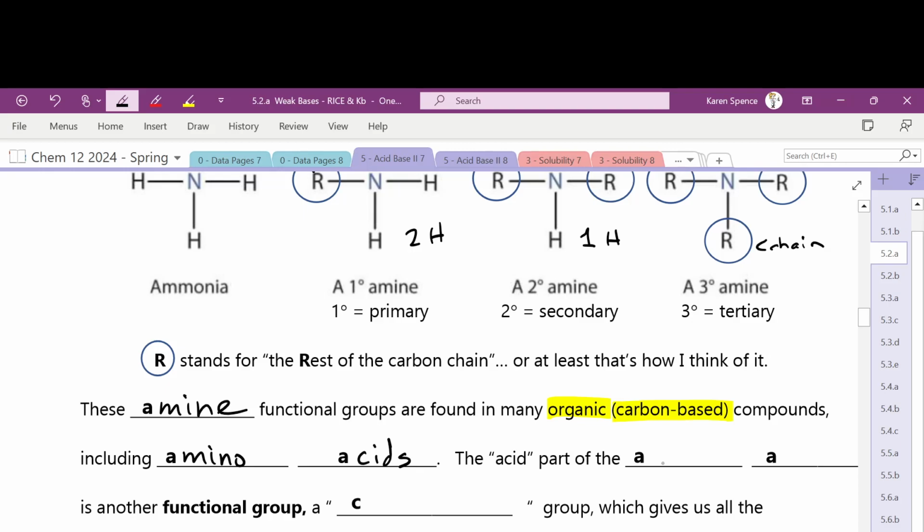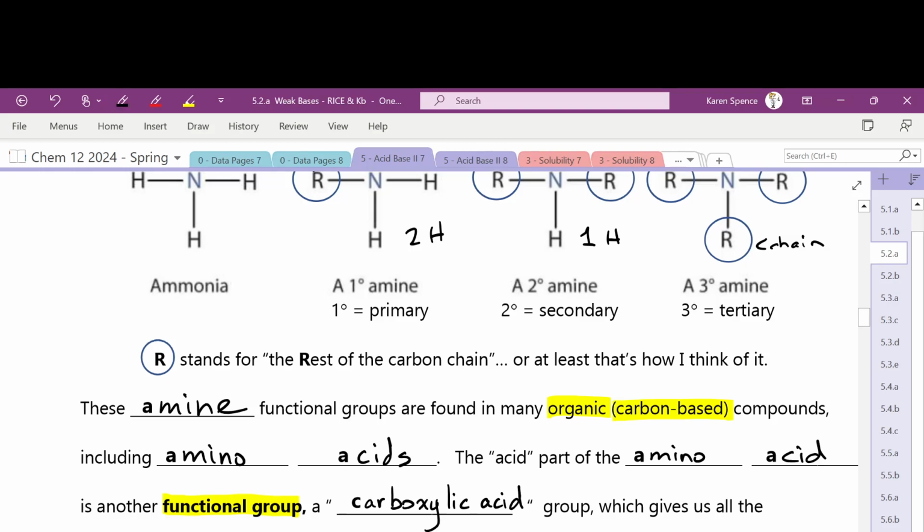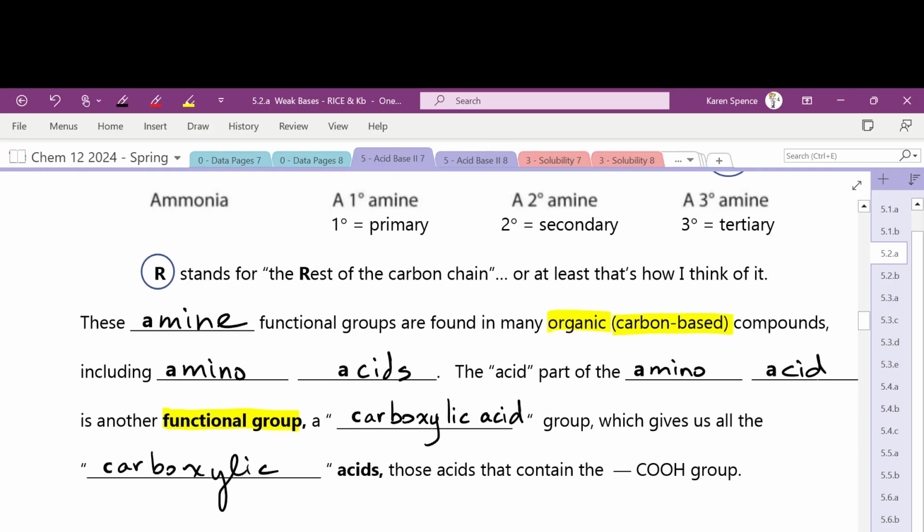The acid part of the amino acid is a different functional group, and it's one that you've probably already seen. It's a carboxylic acid group, which gives us carboxylic acids. And those are the ones that end in COOH.